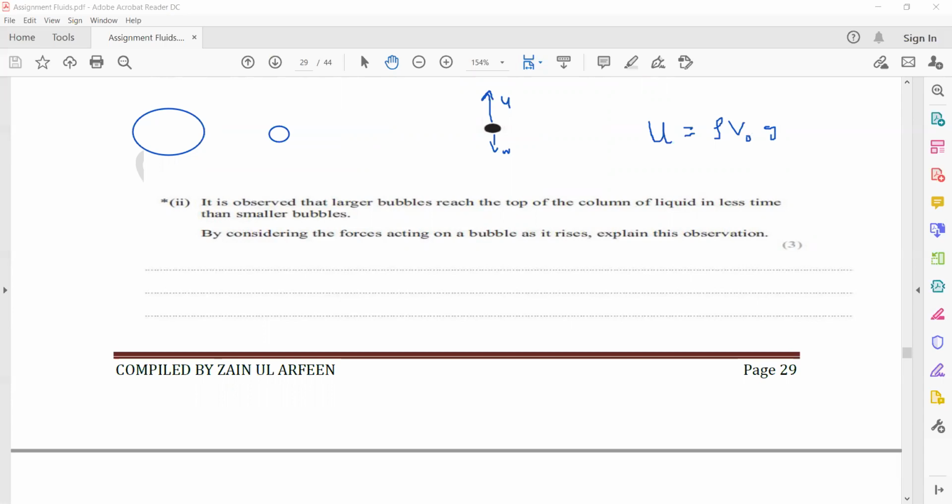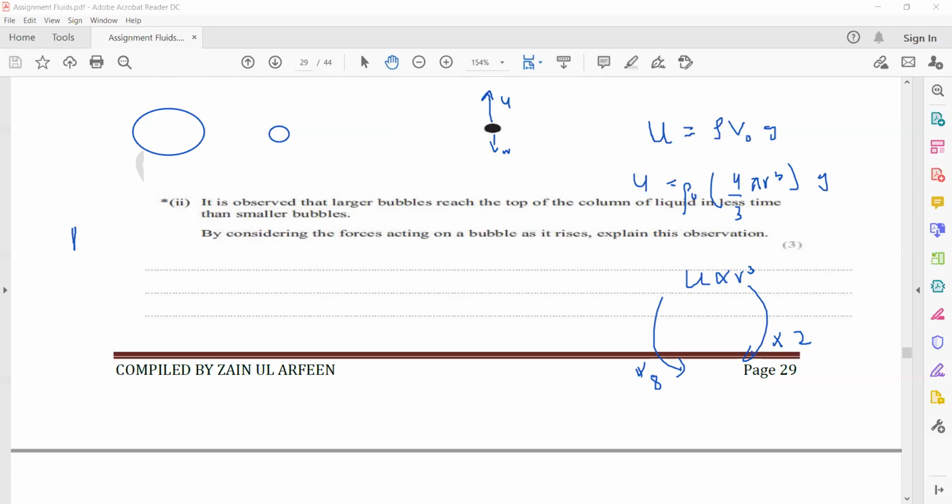So upthrust is equal to density times volume of object times gravity, and it is a spherical object, so 4 by 3 pi r cube. So when we change the size, upthrust is proportional to r cube. If I double the size, the upthrust will increase by a factor of 8. But when we increase the size, the weight will also increase, or the drag force will also increase.